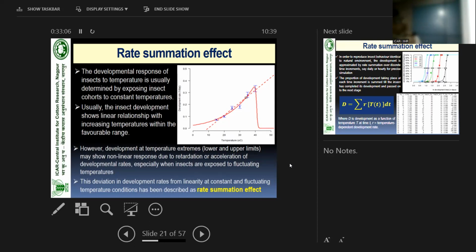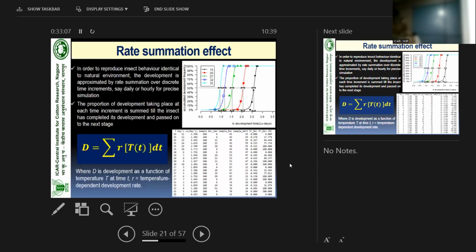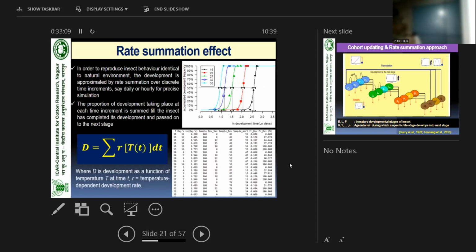In order to reproduce insect behavior identical to the natural environment based on your constant temperature or laboratory data, the development is approximated. At these extreme ends where it deviates from non-linear, there are mathematical equations or functions, like taking perpendiculars and calculating the distance between the deviating lines in mathematics.